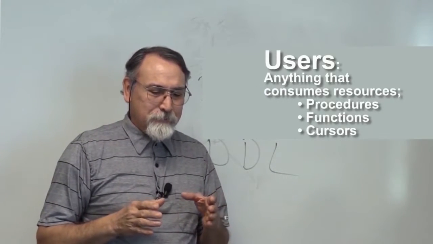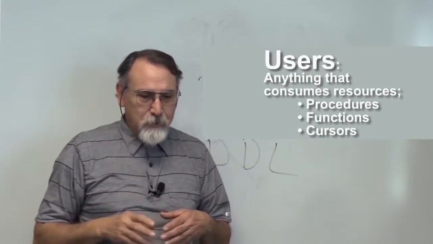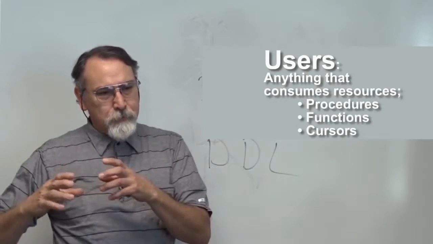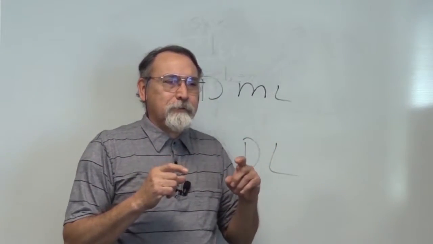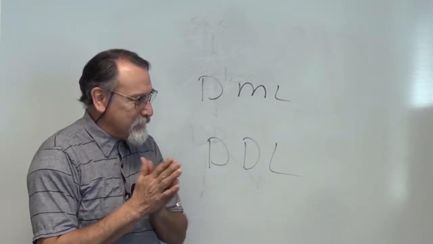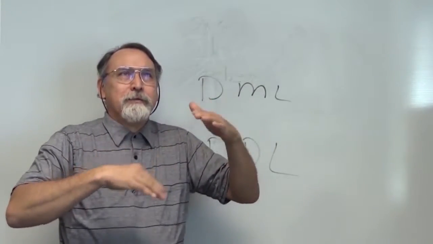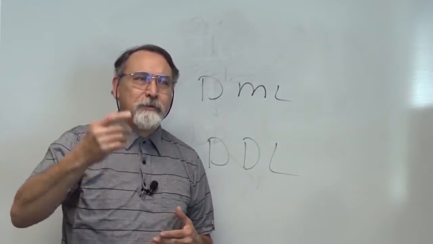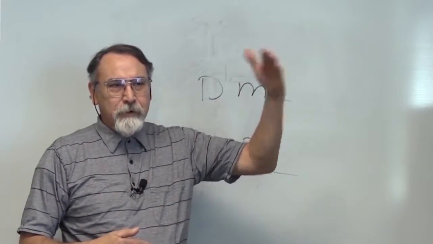Understand that if we say a procedure is a user, a function is a user, or a cursor is a user, and you're working within a trigger, these user events have to be managed and structured. The way you get around this is that you have to develop a sequence of events to occur. And this is called firing order.